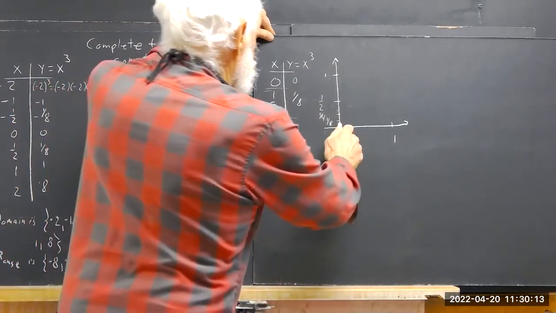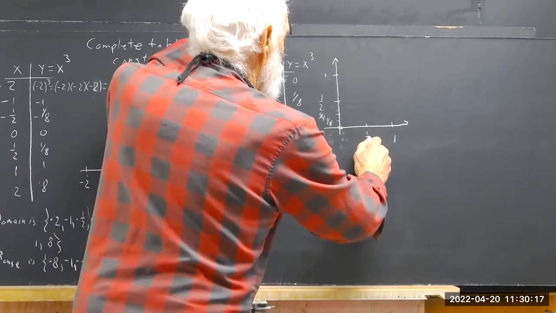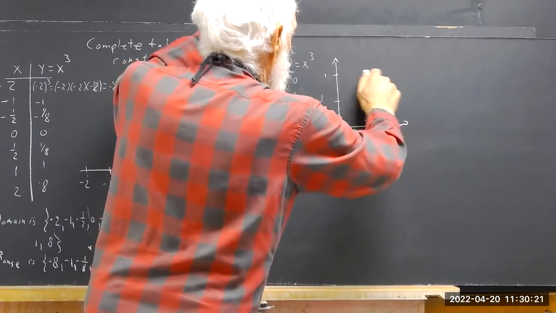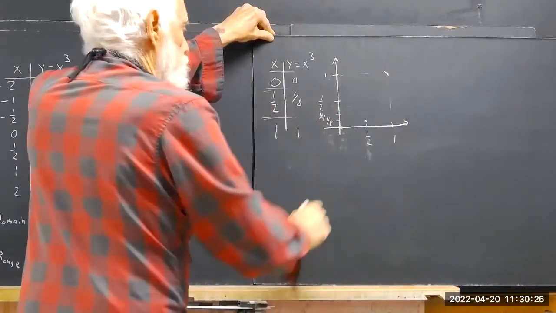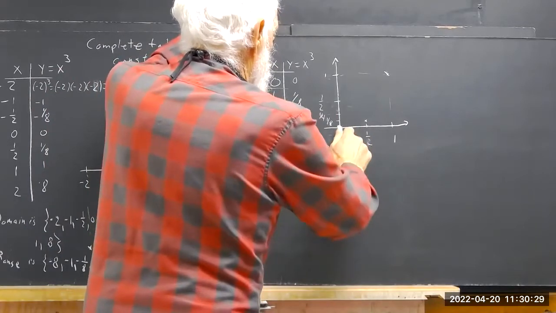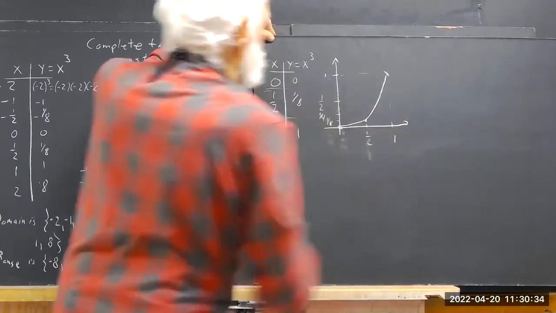But there's 1/4 and there's 1/8. So now our points are 0, 0, 1/2, 1/8, and 1, 1. Now, if I want to draw the curve for this thing, it'll be pretty flat in here.